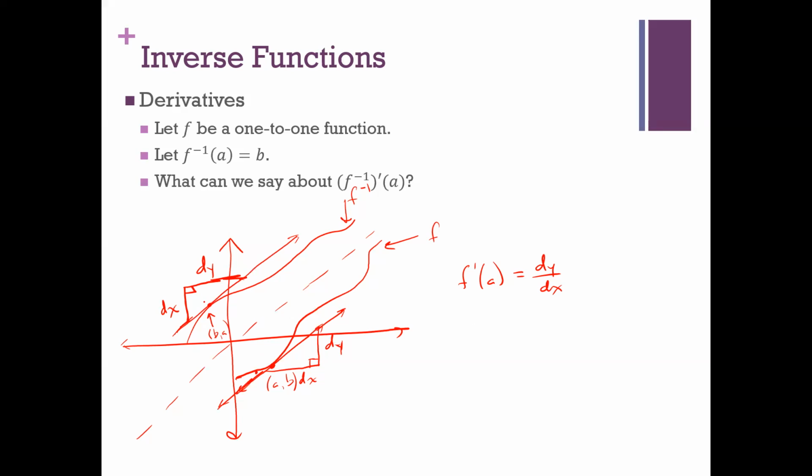So now that we have this dy/dx reflected over that y equals x line, now we'd like to say something about the derivative of the inverse at a. So it's equal to dx/dy, right?